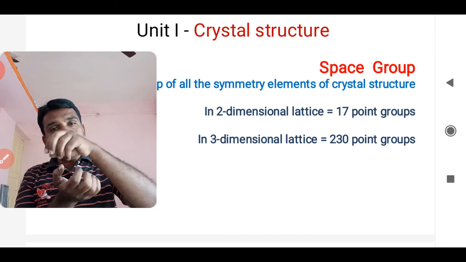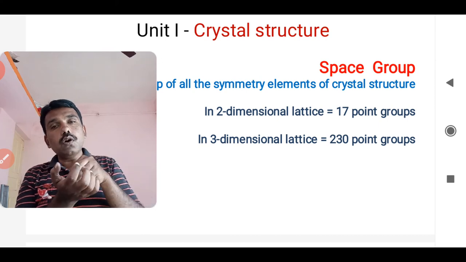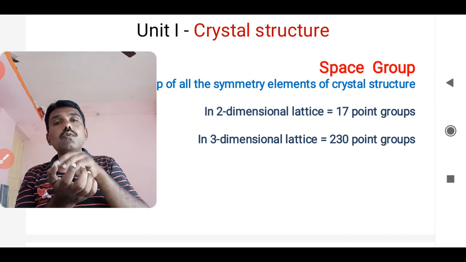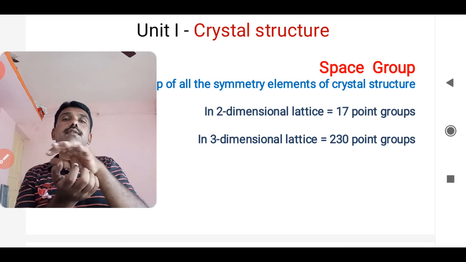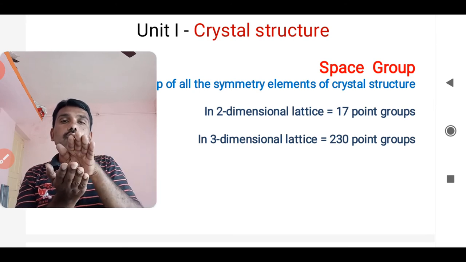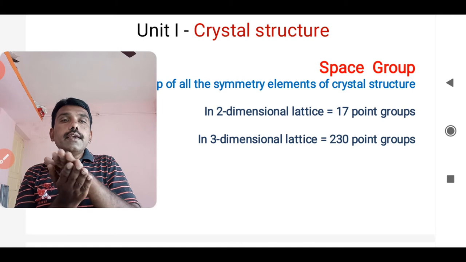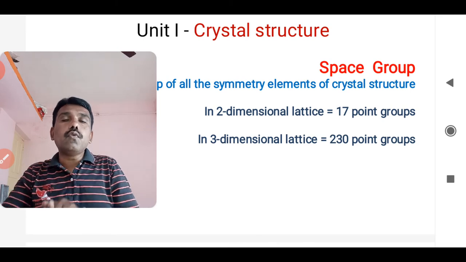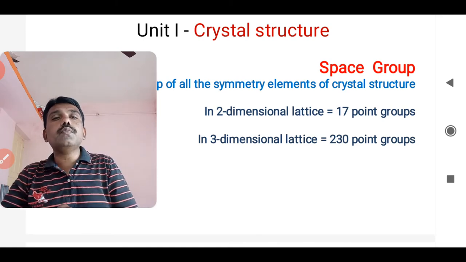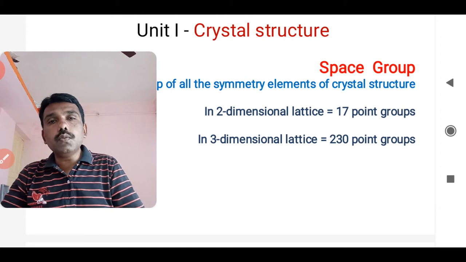Not only the symmetry-followed points or atoms, but also all the elements of that crystal, when they are added, the group that is formed is called a space group.